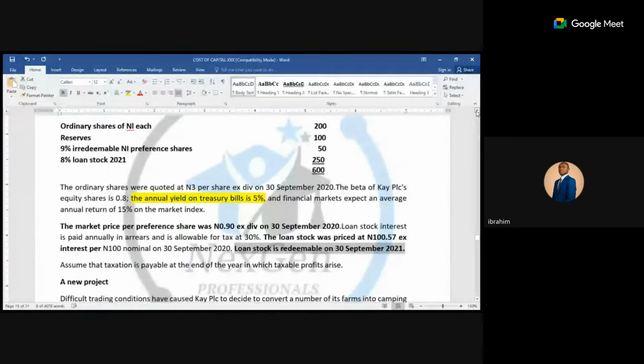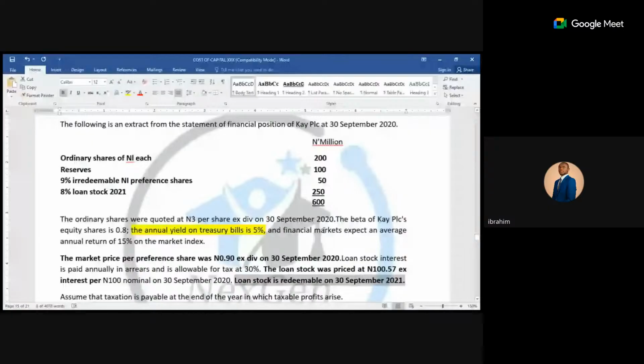Now there's a little challenge here. The loan stock is redeemable, right? And is redeemable on 30th September 2021. Class, 2021. The question is, what is the financial year of this company? 30th September 2020, which means that I collected a loan in 2020.